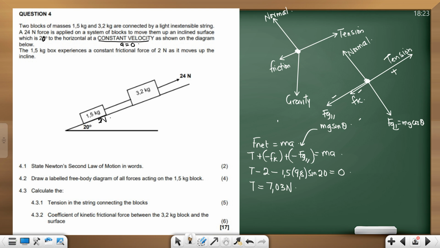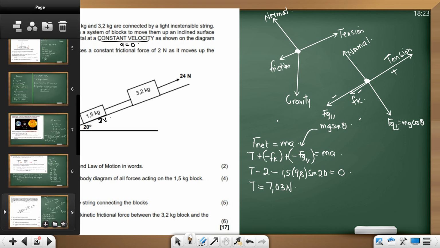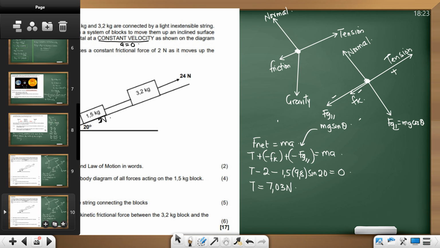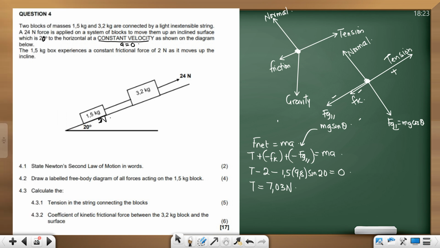All right. We cannot get the coefficient until we get friction. So let's go draw the free body diagram of the 3 kg. Okay. So this is my 3,2 kg now. What's going to happen is this is no longer tension.